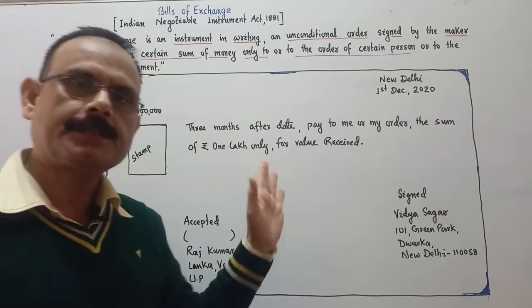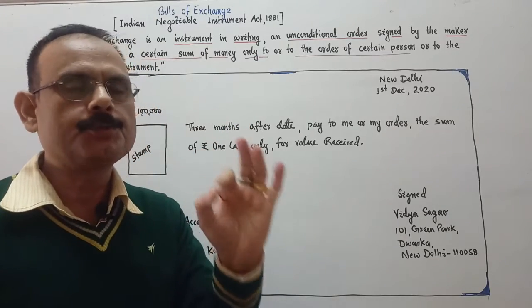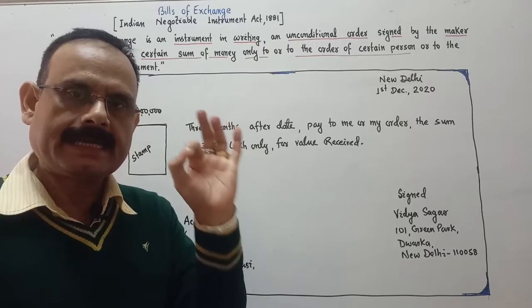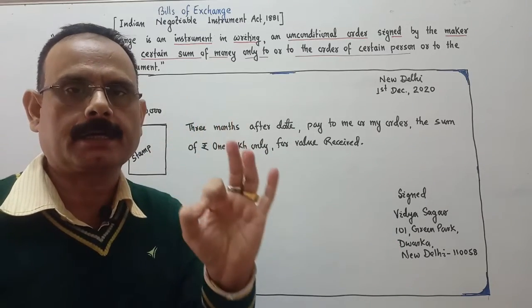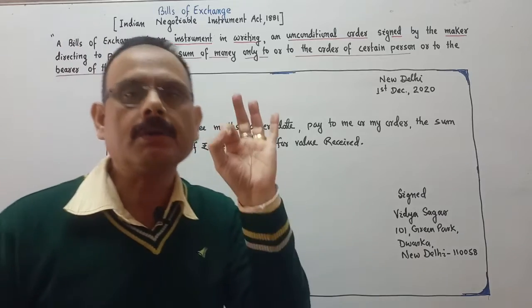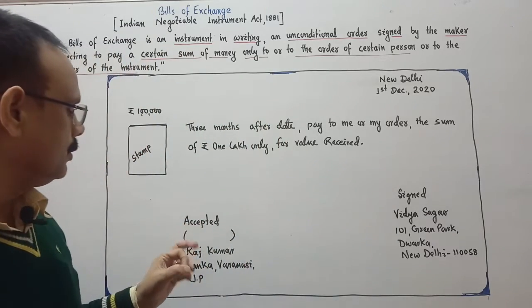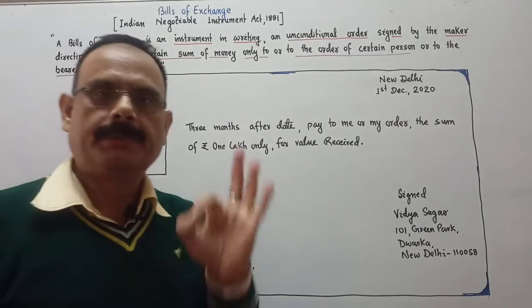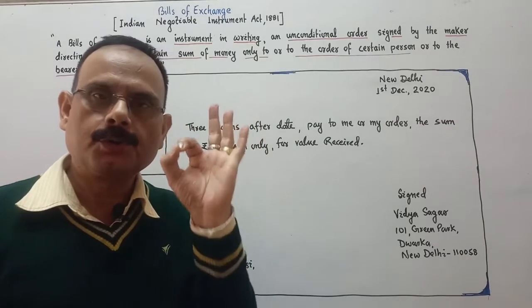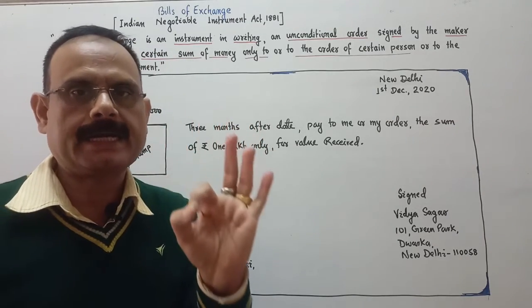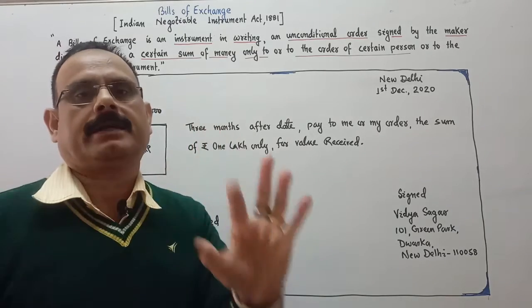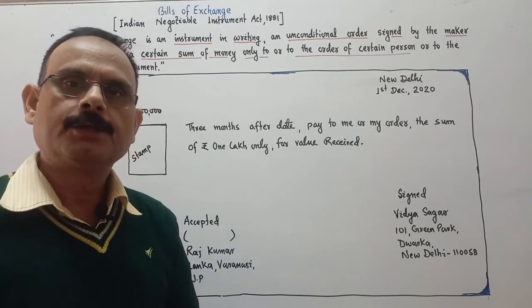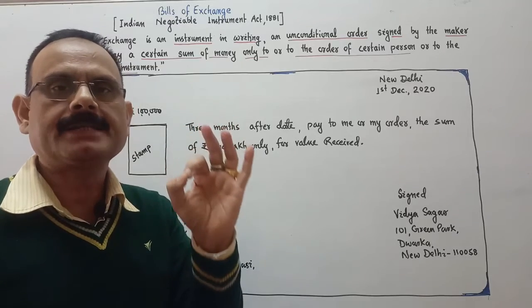Before understanding this format, I assume that Vidyasagar is the seller. Vidyasagar sold goods on credit to Rajkumar worth rupees 1 lakh. Is it clear? So who is the seller?